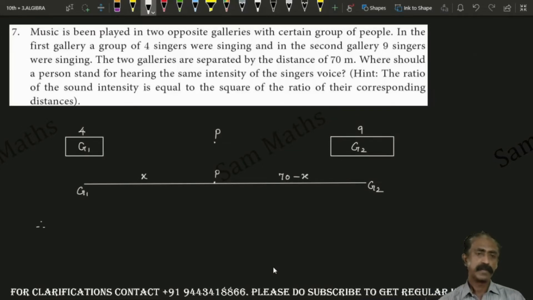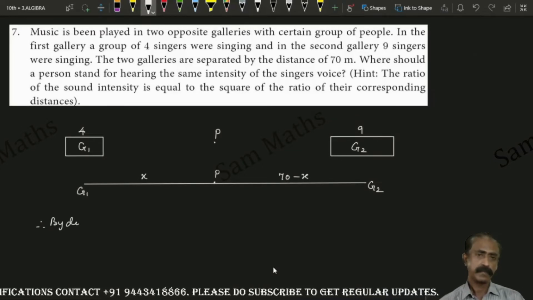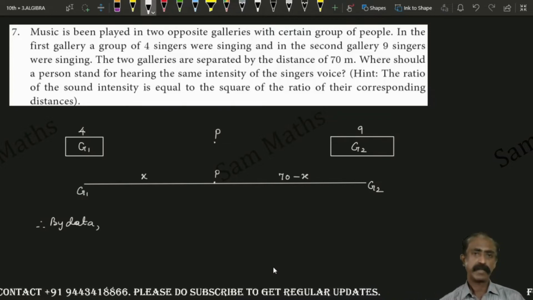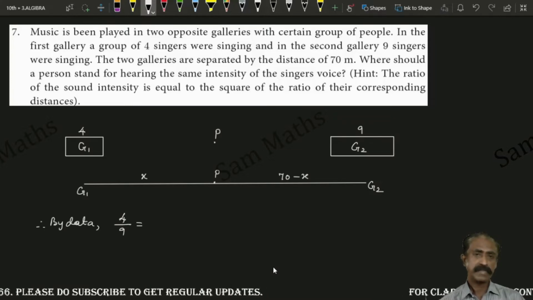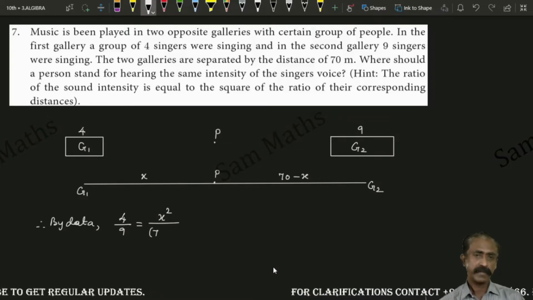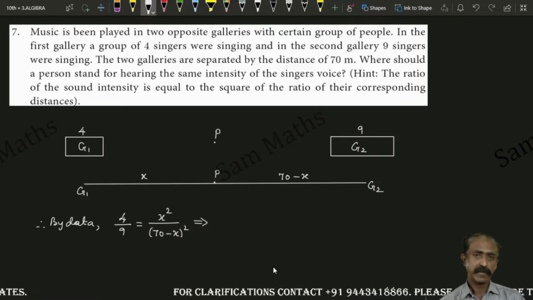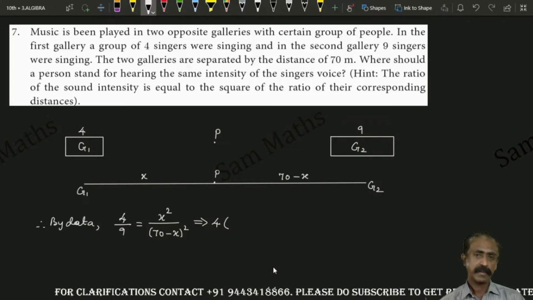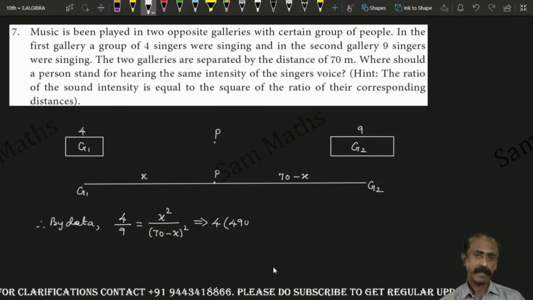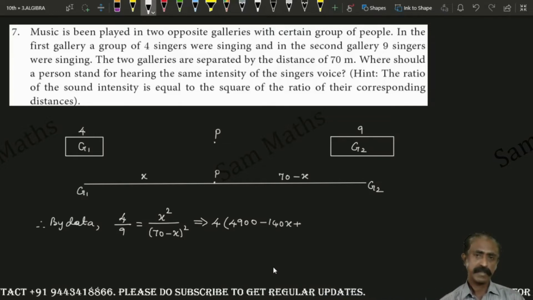Therefore, by data, we are getting 4 by 9, which is equal to x square divided by 70 minus x the whole square, which implies 4 into 70 minus x the whole square, that is 4900 minus 140x plus x square equal to 9x square.